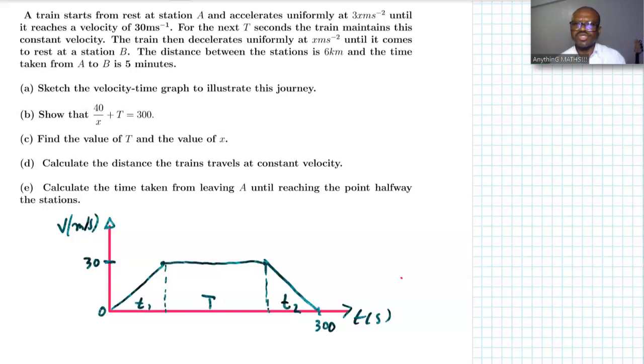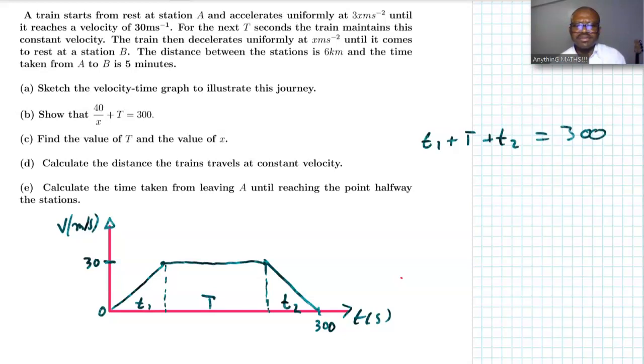We're supposed to show that 40 over x plus T is equal to 300. First of all, we know that t1 plus big T plus t2 should give us 300 seconds.